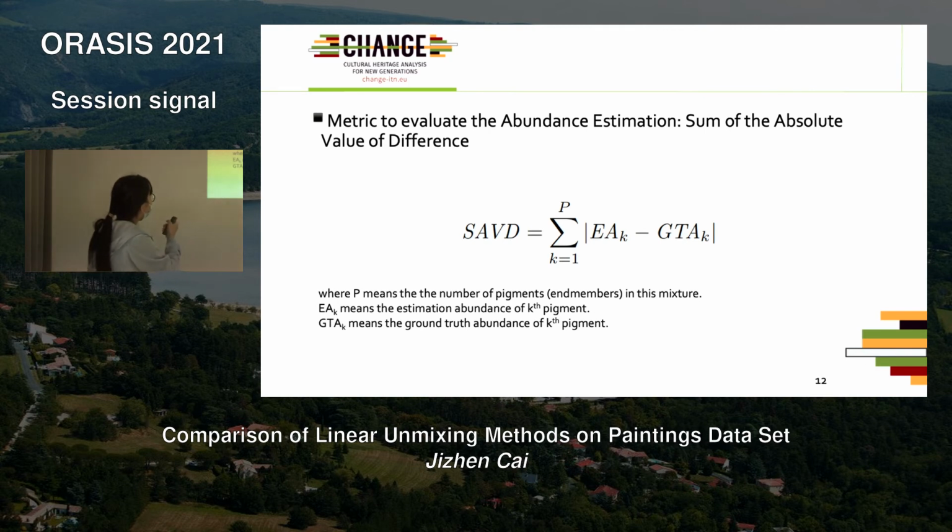So to analyze this reason, here we use another metric. This metric is short for SAVD. That is to say, for each color patch, we need to calculate the sum of the absolute value between the seven potential pigments.